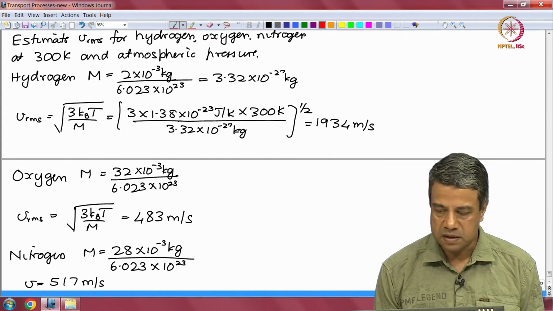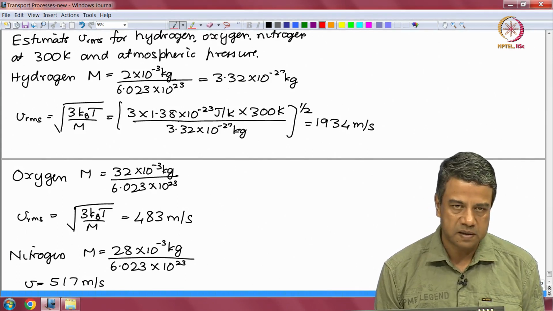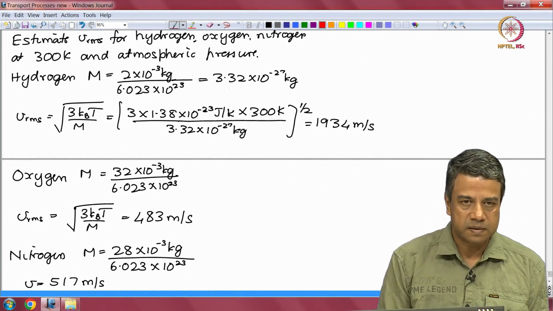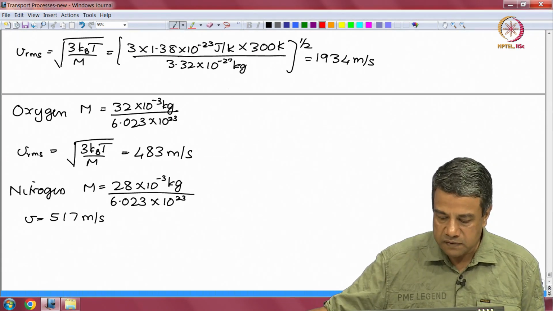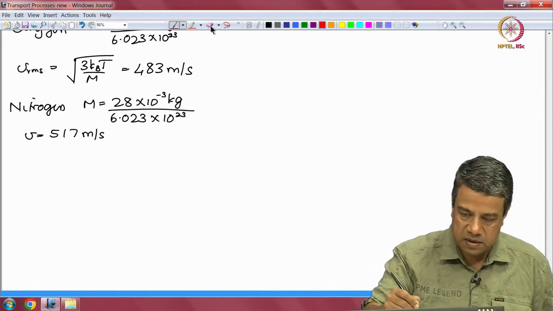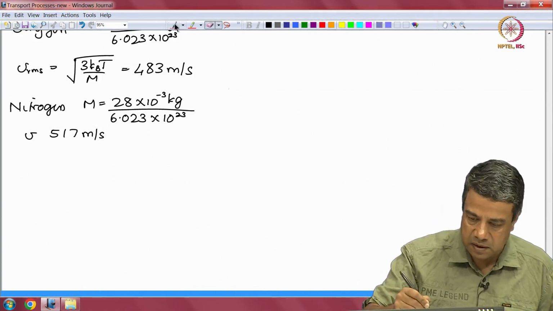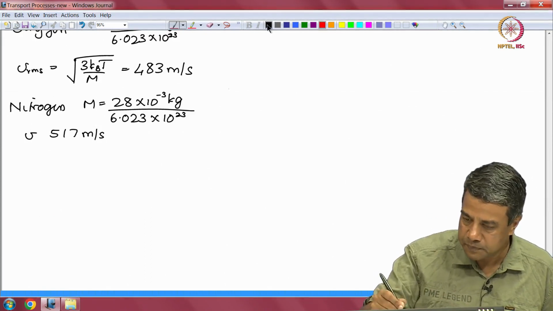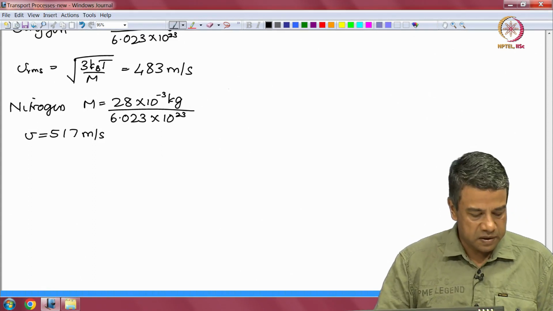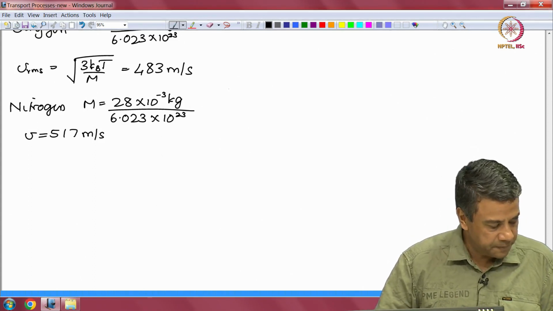For hydrogen it is close to 2000 meters per second, for oxygen and nitrogen approximately 500 meters per second. Both of these are comparable to the speed of sound in the material. So, the molecular fluctuating velocity is comparable to the speed of sound.